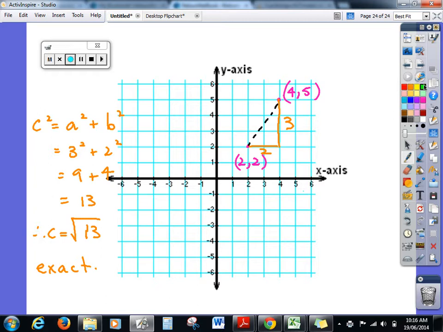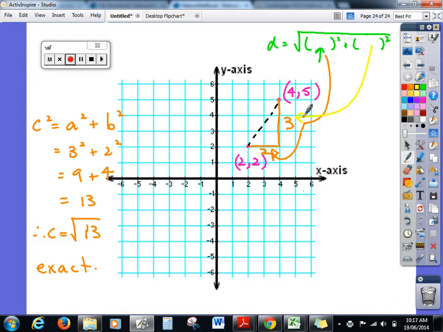All it says is, with this peculiar d equals the square root of a first bracket squared plus a second bracket squared, the first bracket here calculates that side there. And the second bracket here calculates the length of that side there.